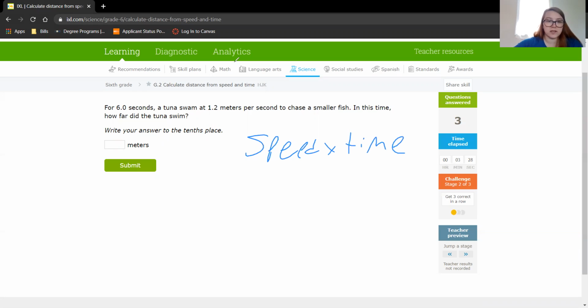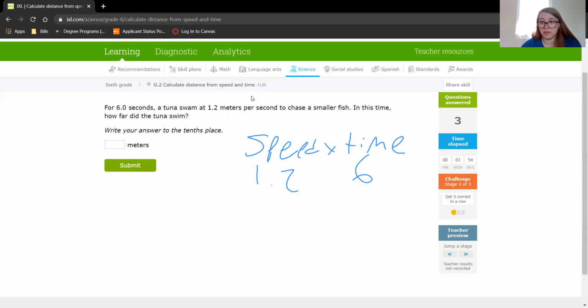For 6 seconds, a tuna swam at 1.2 meters per second to chase a smaller fish. In this time, how far did the tuna swim? We know our speed is 1.2, and we know it took 6 seconds. So we are multiplying decimals, which I don't remember how to do, so I'm going to use a calculator.